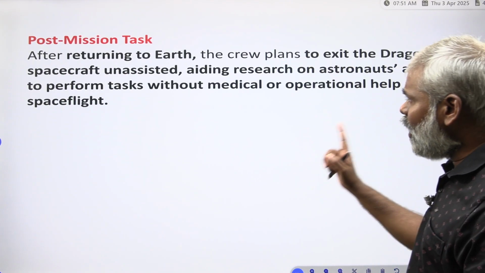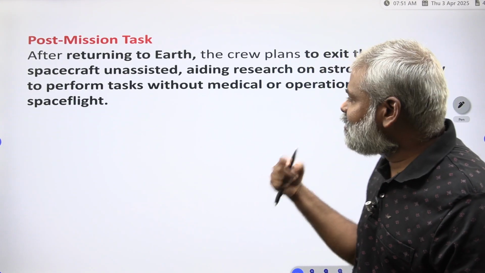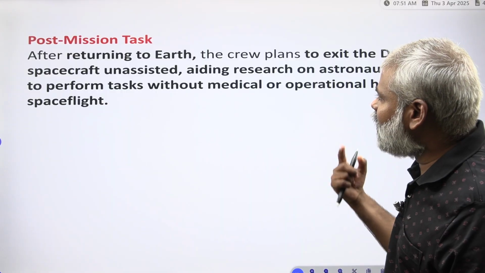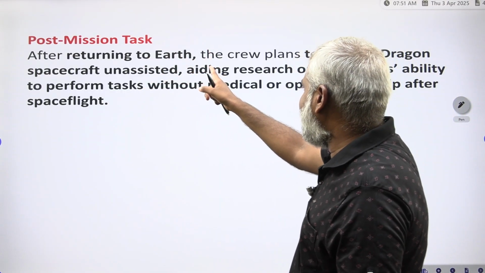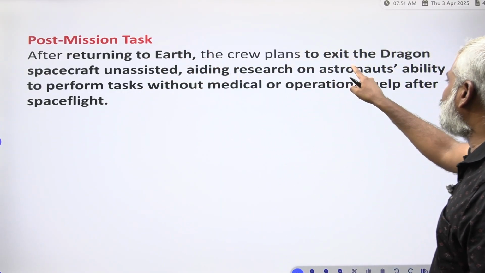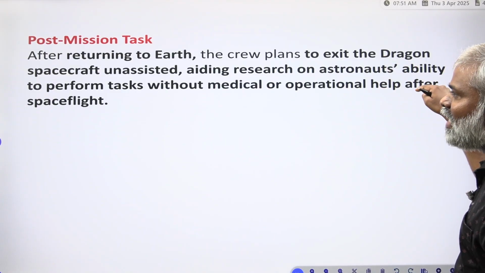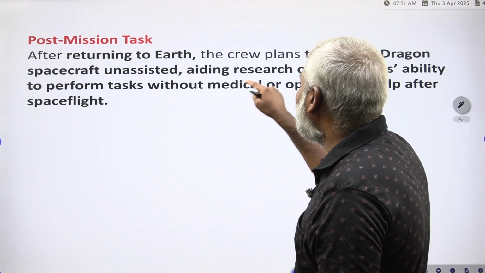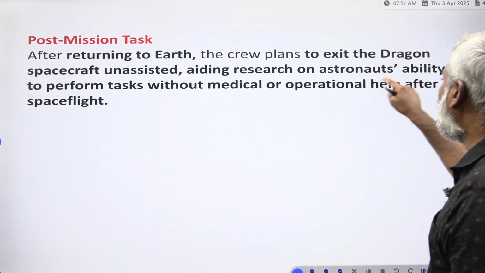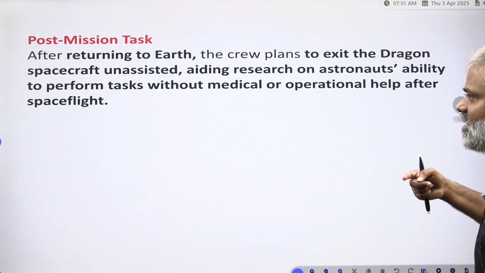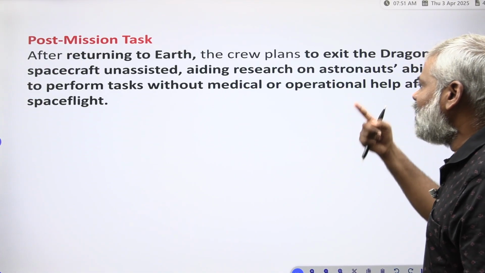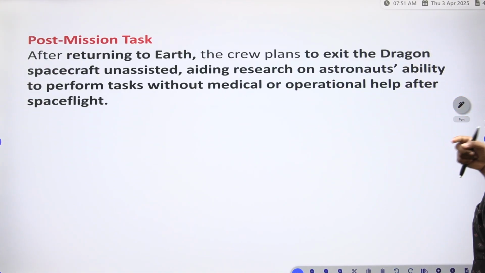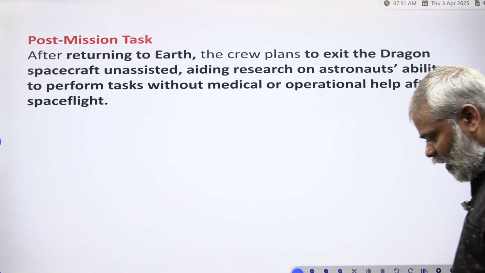Clear? Now, after the 5 days, what will they do? After returning to the Earth, the crew plans to exit the Dragon spacecraft unassisted, aiding research on astronauts' ability to perform tasks without medical and operational help after the space flight.